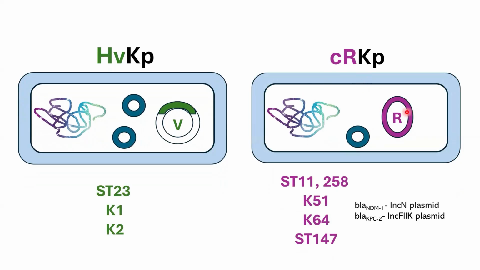So the classical KP became the carbapenem resistant KP, whereas the hypervirulent KP still was hypervirulent. And these two strains were completely separate. They were not interacting with each other. They were different, and they were at different locations. Also, the clonal groups, the lineages, everything was totally different.